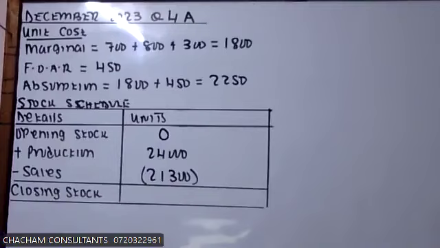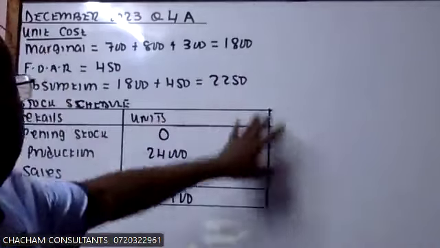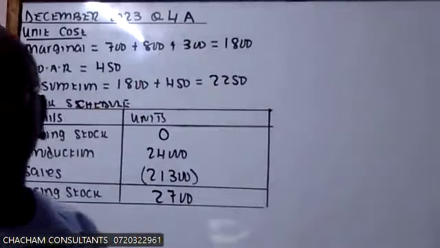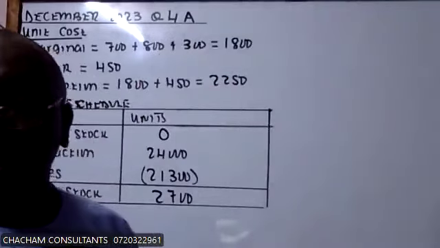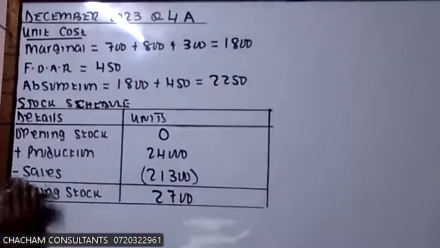Closing is 2,700. These two things must be put in place before you embark on the income statement: the unit cost and the stock schedule.